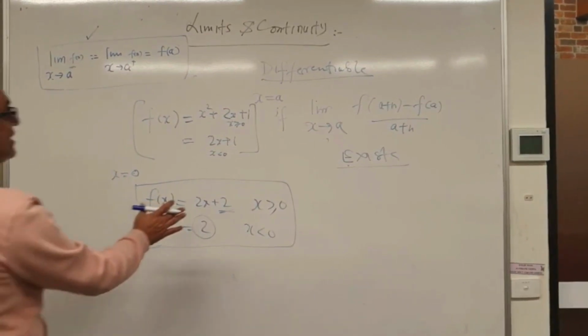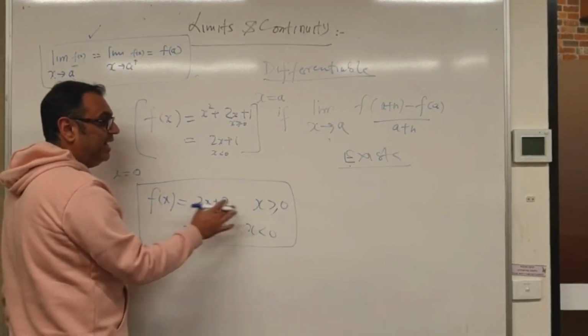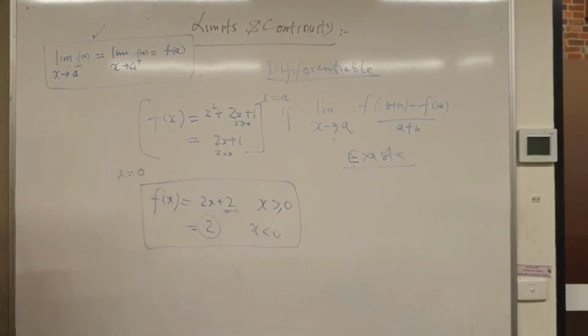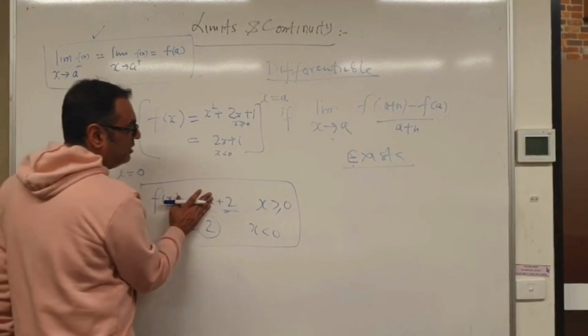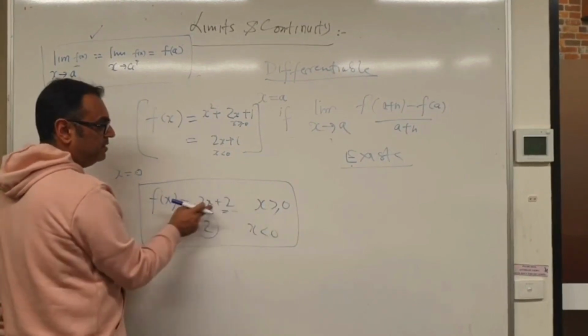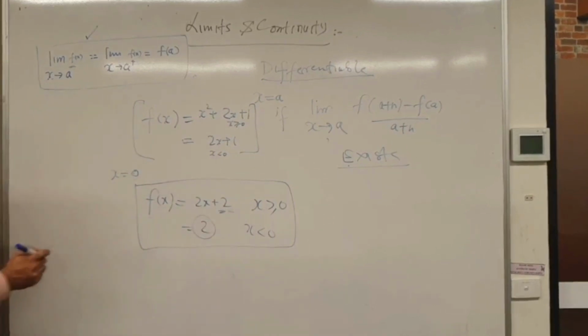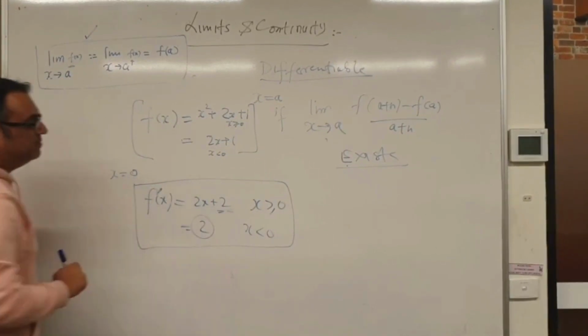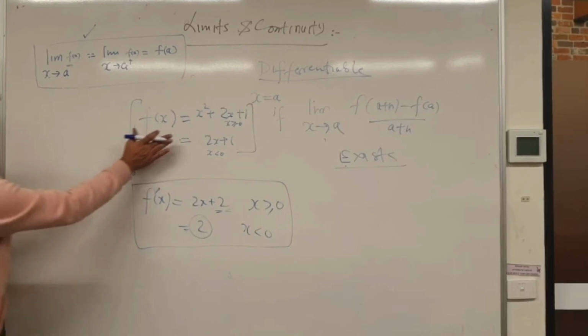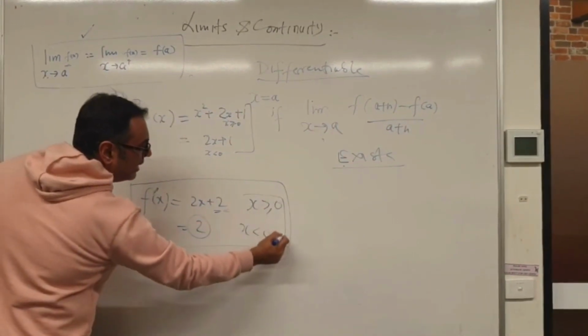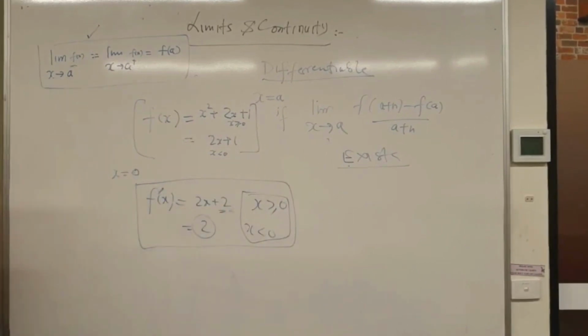And if I plug in x equals 0, obviously it will be 2 again. So for x less than 0 it is 2, and for x greater than 0 it is 2, right? So this function is f dash x. So this function is differentiable at x equals 0.